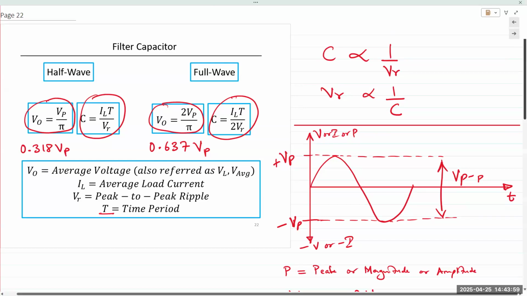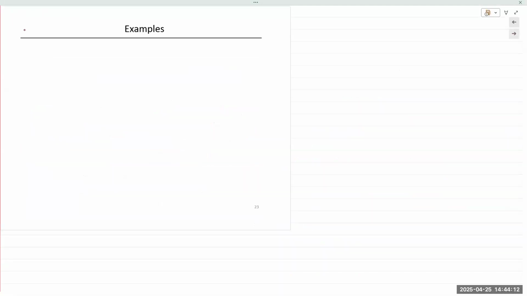All right, example. Let's say we have a half wave rectifier, and we are using an offset diode model with a diode voltage drop V gamma of 0.6 volts.